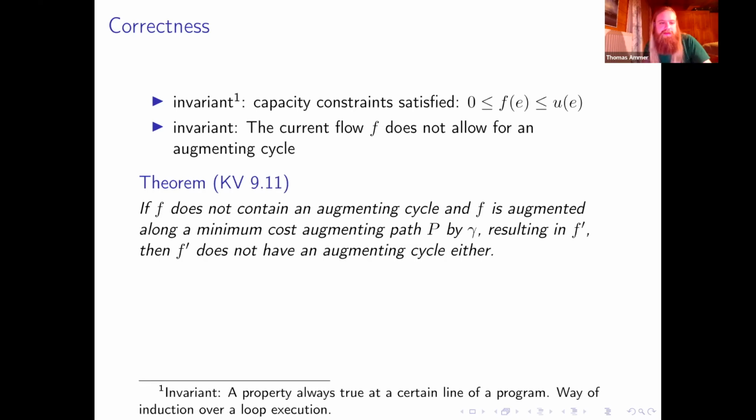Now in the theory of flows, there's a theorem which says that if a flow does not allow for an augmenting cycle, and if this flow is augmented along a minimum cost augmenting path from some source to some target, resulting in F prime, then this flow F prime will not allow for an augmenting cycle either.